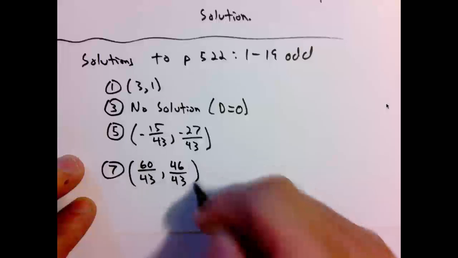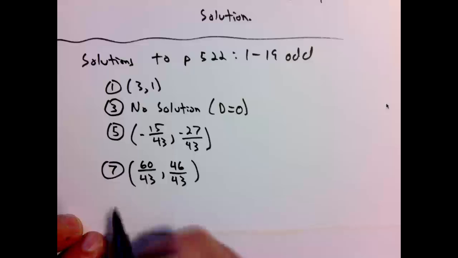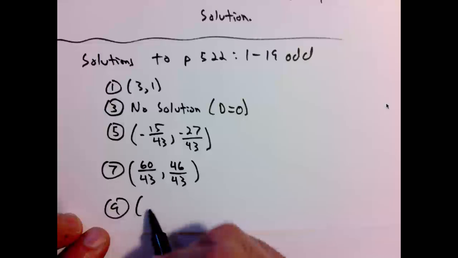It should give you an idea of what the coefficient matrix is going to look like. Number 9, 2, 0.